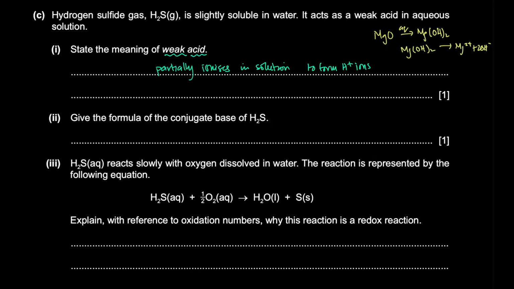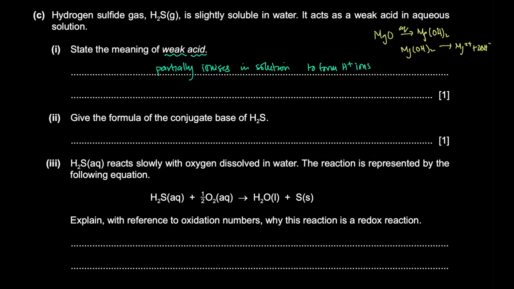So in this case, for magnesium oxide, the pH of the solution won't be very high because magnesium oxide is not very soluble. However, even though it's insoluble, it's still a strong base. So whatever does dissolve, it ionizes completely. So even though it's insoluble, it's still a strong base. Okay. So solubility is not the same as the strength of an acid or a base.